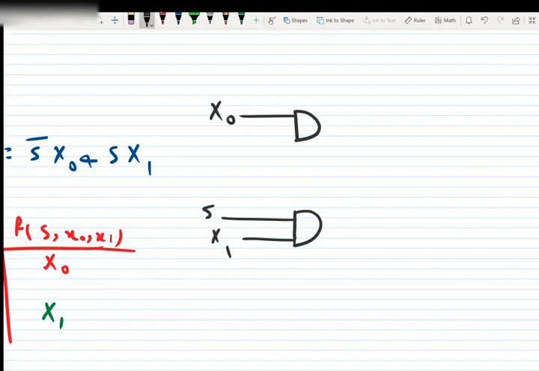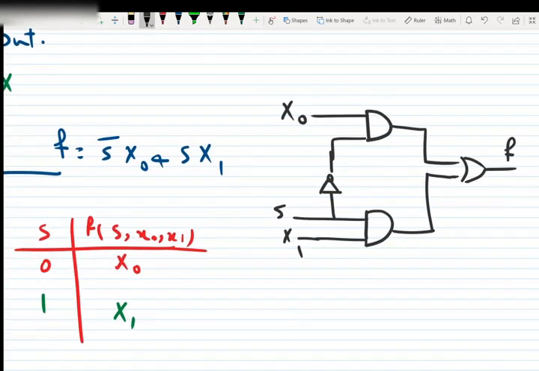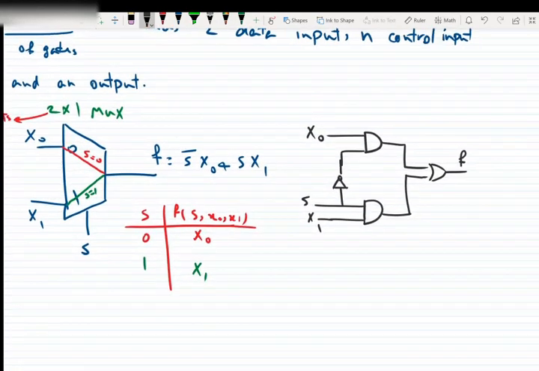Also, the control input is connected to the second AND gate, and complemented and then connected to the second input of the first AND gate. And these two AND gates are connected to a two input OR gate. So this one is the internal circuit of a 2 by 1 multiplexer.